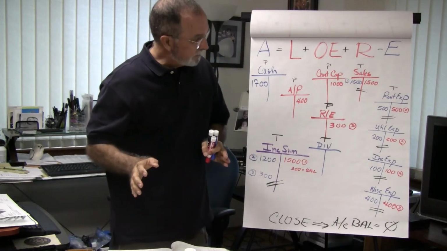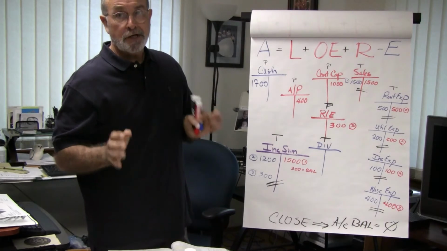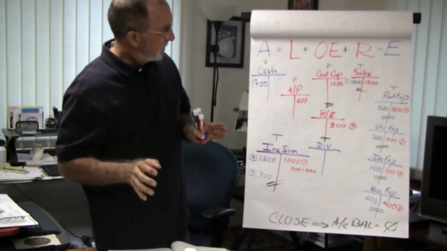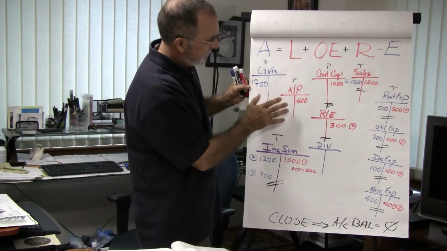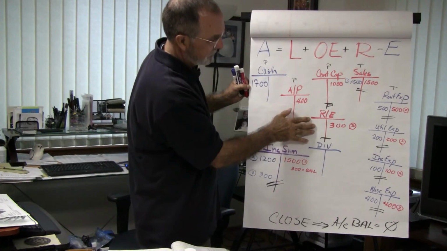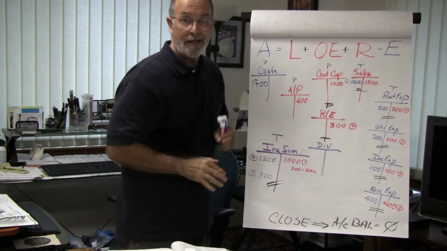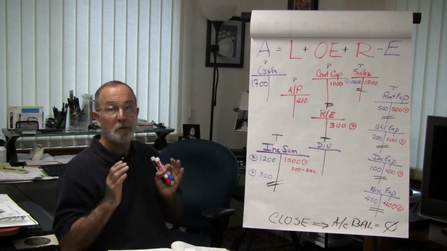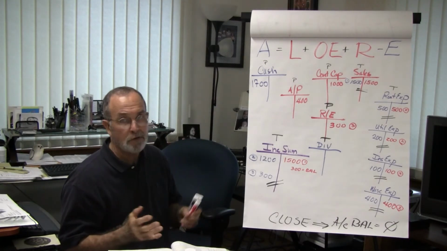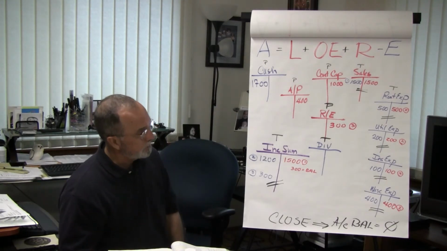At this point in time, which of our accounts have balances? Well, we have cash, accounts payable, contributed capital, and retained earnings. And you might note that they are all permanent accounts only. So we have closed all of our temporary accounts.